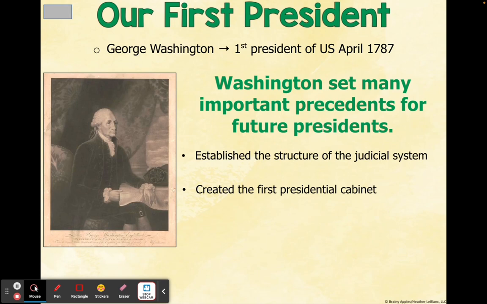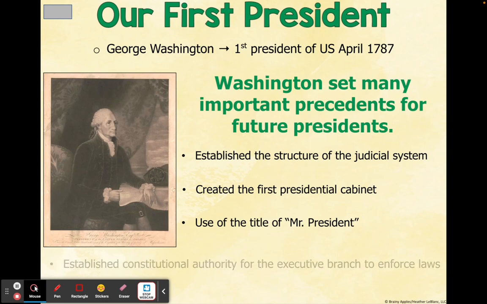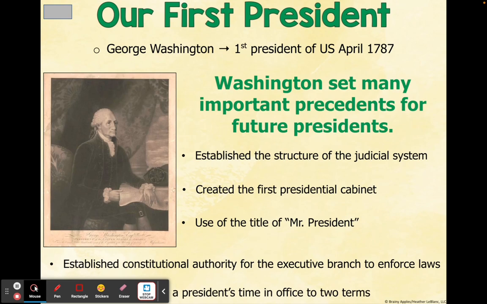He creates the first presidential cabinet, which will be his team of advisors. He created the title of how we would refer to the president. He establishes the idea of calling the president Mr. President. And then he also established the authority for the executive branch to enforce laws, which is the major thing that the president does. And then lastly, the one major precedent that he sets, he limits a president's time in office to 2 terms.